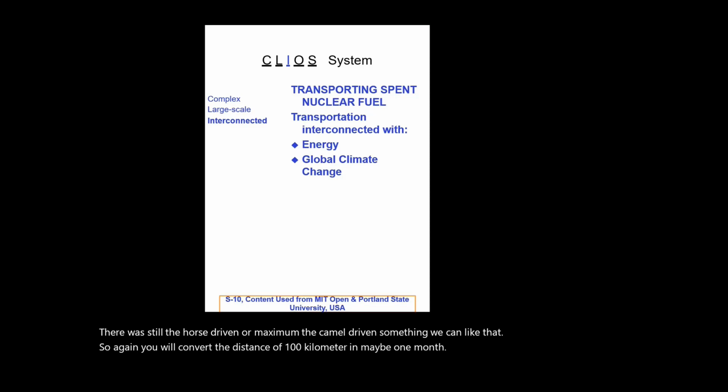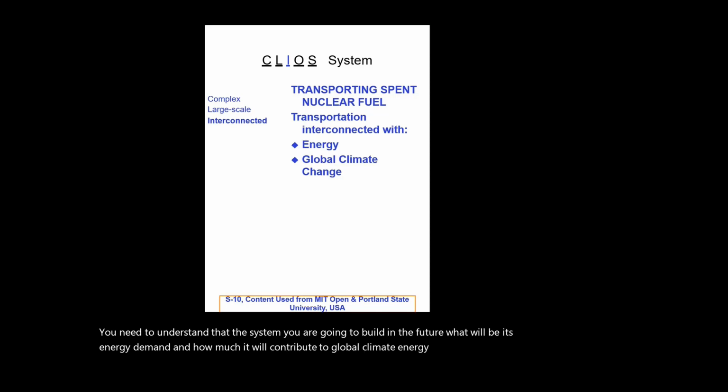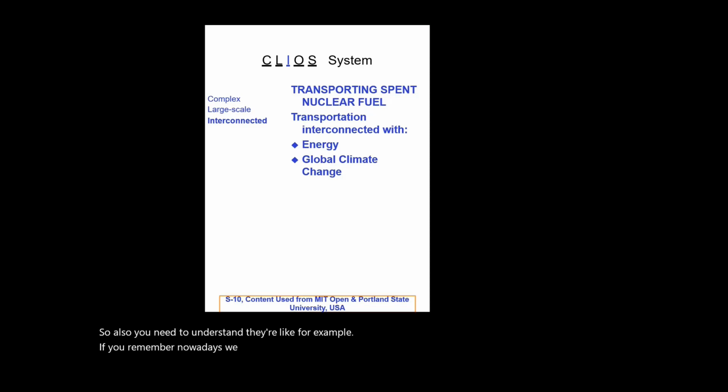So you need to understand that for the system you are going to build in the future, what will be its energy demand and how much it will contribute to global climate change. Also, nowadays we have the slogan of hybrid cars and electric cars, right? Just imagine where that specific energy is coming from.